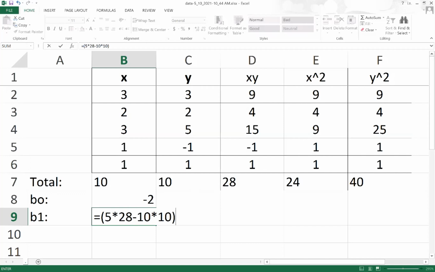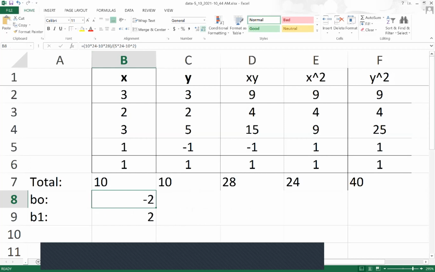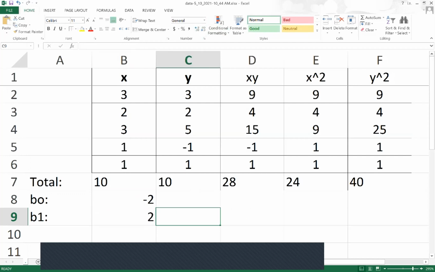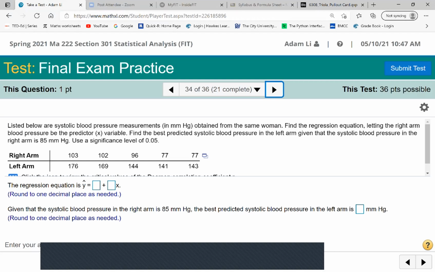That's the numerator, and divide by the denominator, sample size 5 times total of X squared, which is 24, minus total of X, 10 squared. One of these is -2, one of them is +2, I think. Yeah, that's good. All right, so we get both. That's 33, 34.